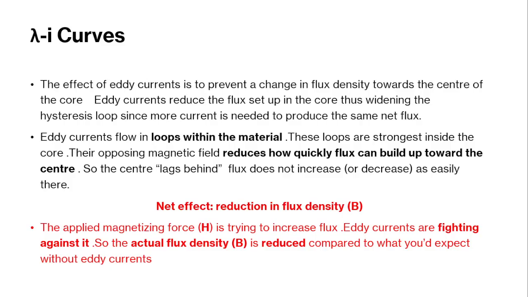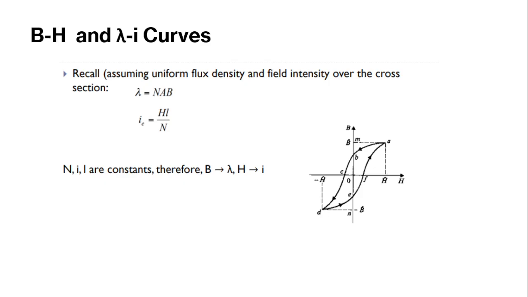So, lambda-I curves. Have you all come across these before? You're just going from a B-H curve to a lambda-I curve. The first thing is to get lambda: you multiply B by the number of turns and the cross-sectional area.